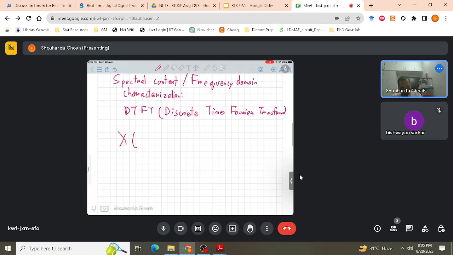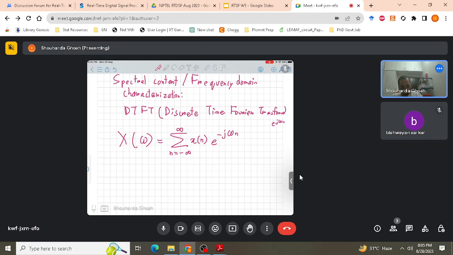We all know X of omega is the summation over all indices from negative infinity to infinity of the signal x of n multiplied by the conjugate of the basis function. The basis function is e to the power j omega n, so its conjugate is e to the power minus j omega n.